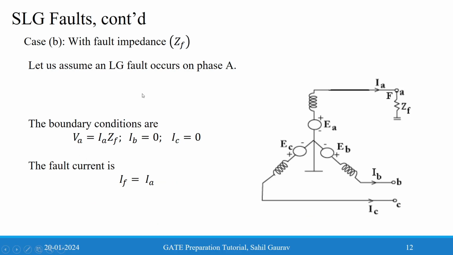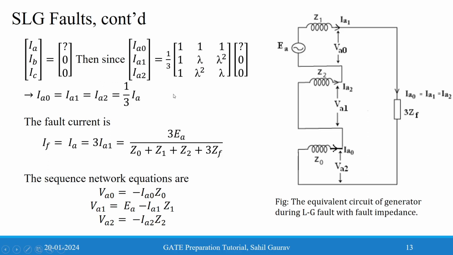Now with the fault impedance, let us assume this LG fault occurs on phase A with fault impedance ZF. Here the boundary condition, where previously we had VA equal to 0, now becomes VA equal to IA into ZF, and the other things remain the same. IB is equal to 0, IC is equal to 0, and the fault current is also the same, IF is equal to IA. In this case too, we find the symmetrical component currents are all equal, and each is one third of the phase current.